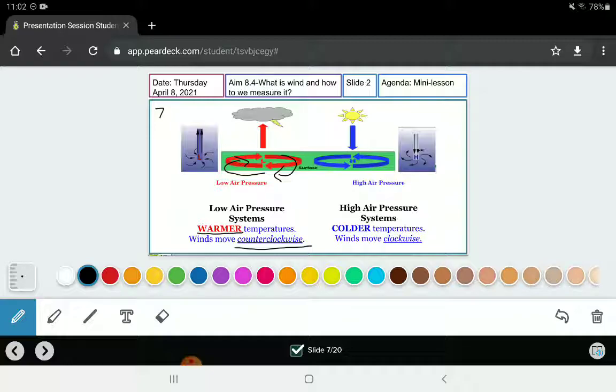A high air pressure system has colder or cooler temperatures, and our winds rotate clockwise. You can see they actually rotate the opposite direction. These are kind of difficult diagrams for some people to draw. You just gotta flip your brain a little bit. Yes, I think that's all I got for that slide for you all.